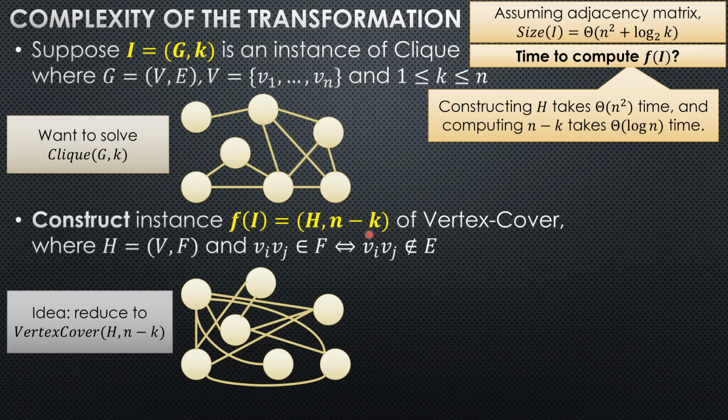So it's order the length of the longer of these two numbers, and n will be the bigger of the two, or it could be the same as k, but k is less than or equal to n. So this is going to be order log n bits to compute. So n and k will both be written down in big O of log n bits. k could be written down in fewer bits, and subtracting the two, we'll have to touch each bit a constant number of times. So that'll take order log n time to do the subtraction.